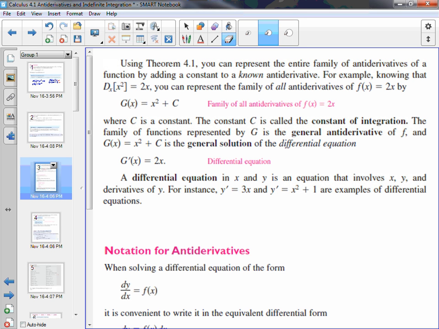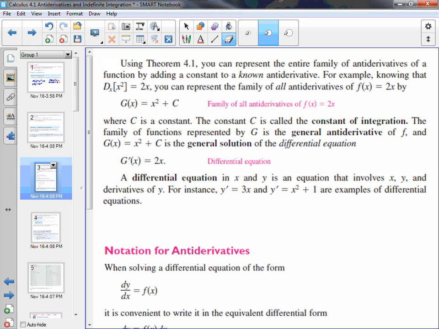So when you have the plus C written there, you don't know what C is, it's just a plus C. That's the general antiderivative. Now, that general antiderivative can also be called the general solution of the differential equation. Wow, there's a lot of stuff that matters here in this one little slide. The general solution of the differential equation, capital G prime of x equals 2x.